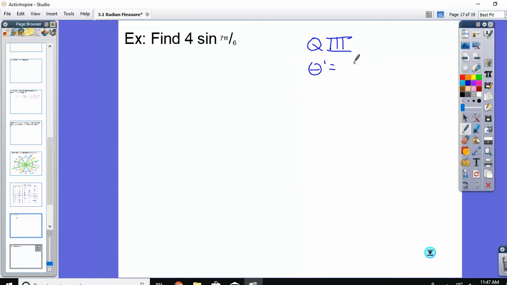So regardless of my numerator, I know my reference angle is just pi over 6. Which when I see that, I'm thinking 30 degrees. Okay, in quadrant 3, is sine positive or negative? Negative. What's the sine of pi over 6, or the sine of 30 degrees? 1/2. So I get -2. So the process is the same, just in a different unit.